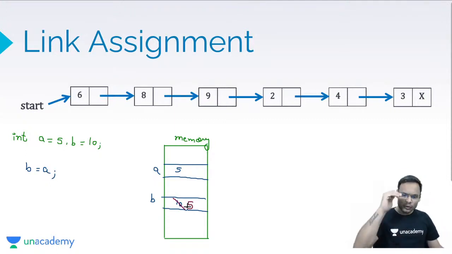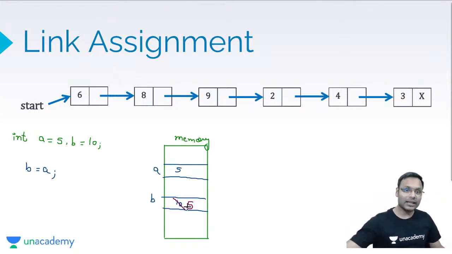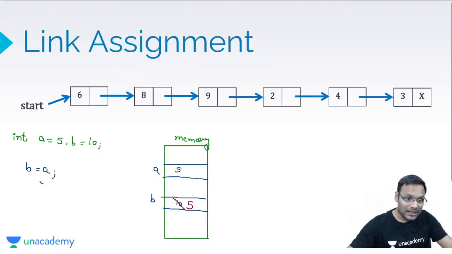So exactly when you do the assignment, in that particular assignment, what you should do is, from the right side you take the value, in the left side you go to a location where you will have to assign the value.